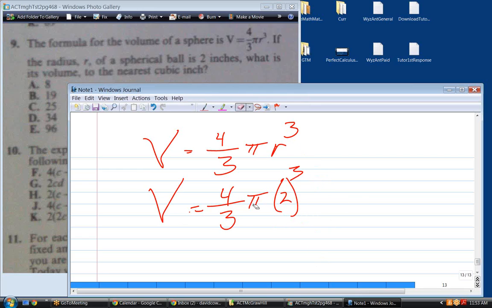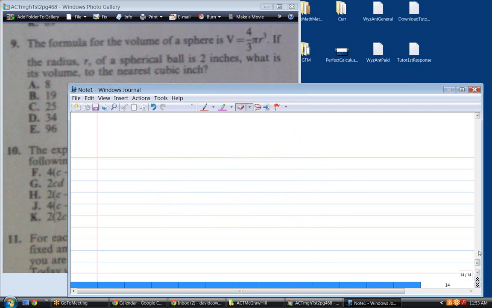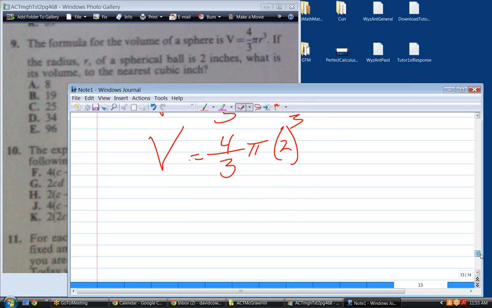Write it out and then go from there. What's the next line?